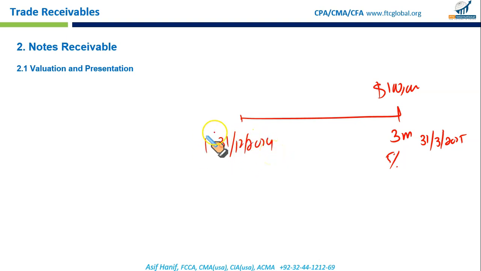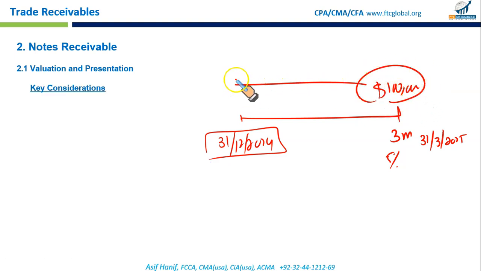So we are reporting it 3 months before it matures. So for accurate presentation in financial statements, the note receivable must be reported at its present value. This means we need to adjust for factors like unearned interest and the time value of money.